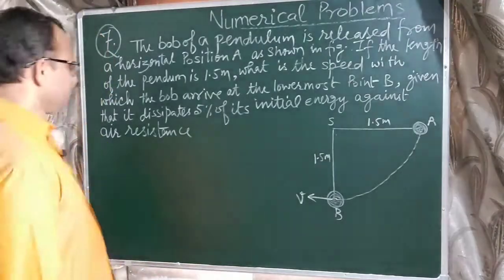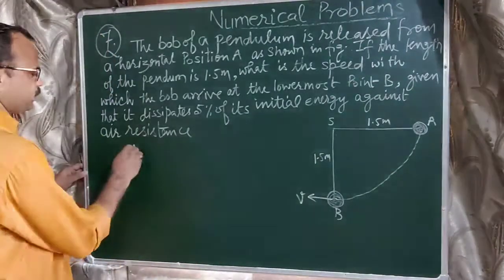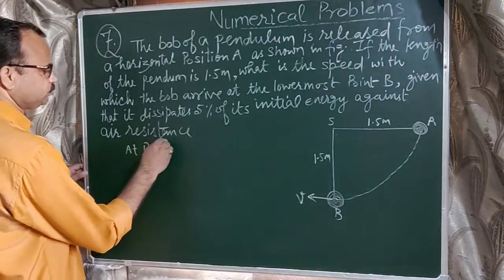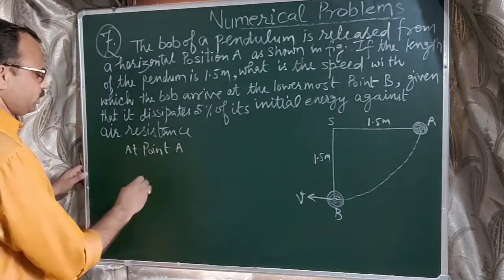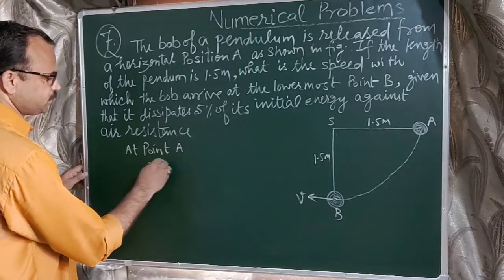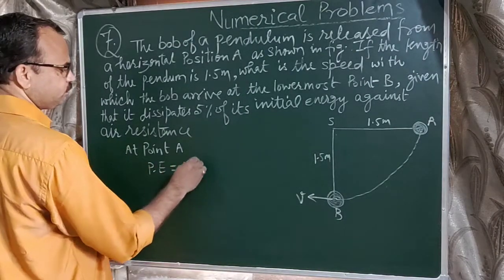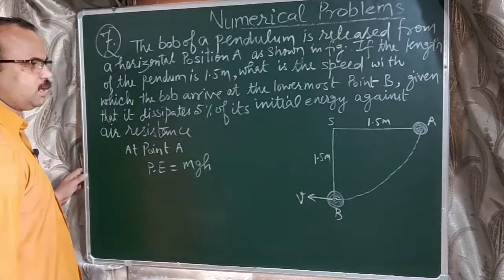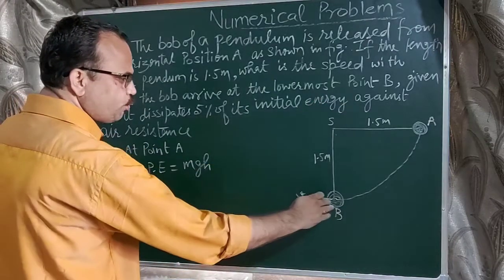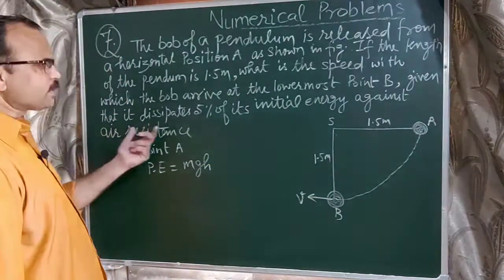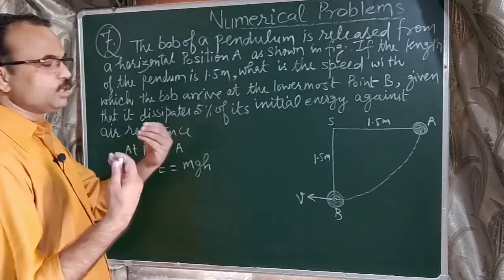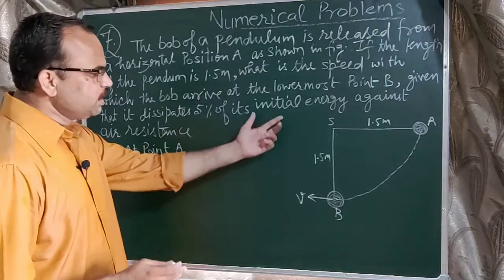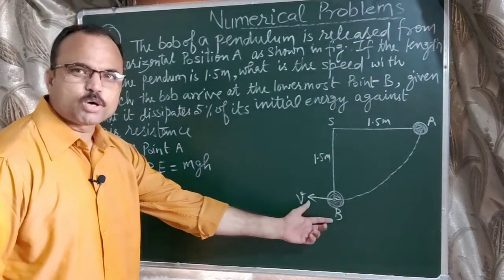Okay, so at point A, the energy stored is potential energy, means mgh. As it reaches to point B, 5% of this mgh is lost. Remaining energy will be available at point B in form of kinetic energy.